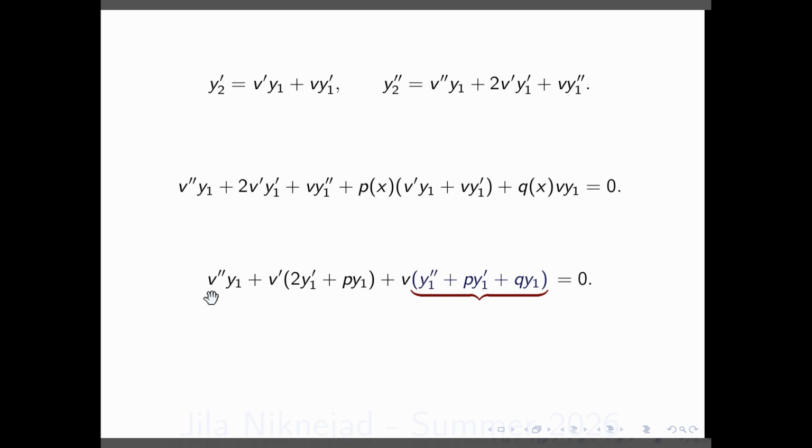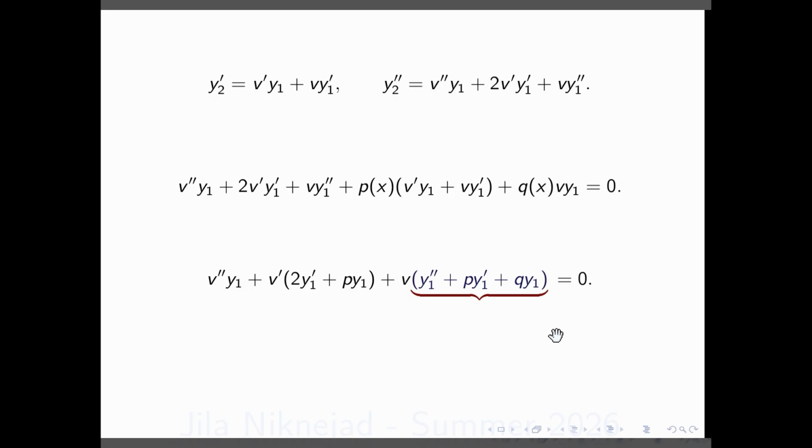Let's reorder this equation in terms of v, and it becomes v'' times y1, plus a term for v', which is v' times (2y1' + p y1), plus another term for v, which is v times (y1'' + p y1' + q y1), and this entire thing equal to 0.